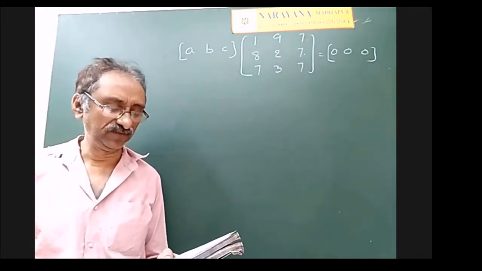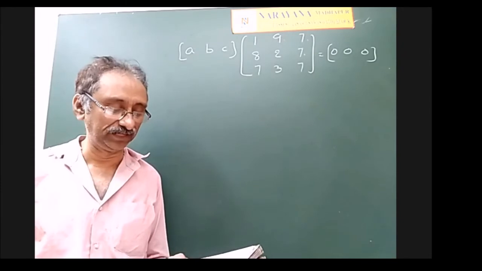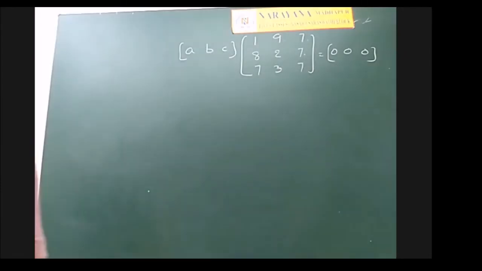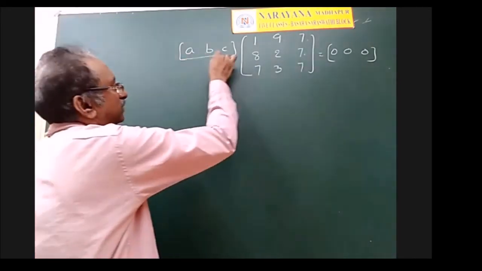So what is the question? If the point A, B, C with reference to the equations lies on the plane like that, then what is the value of 7A plus B plus C? First of all, we see about these solutions. What is the equation actually?